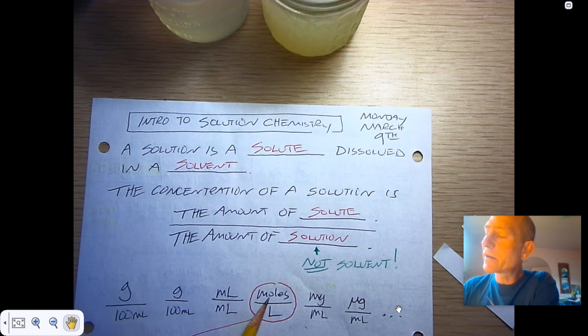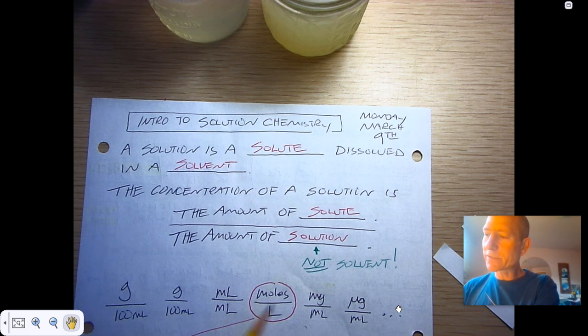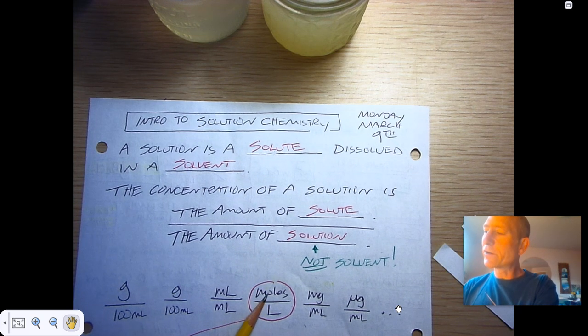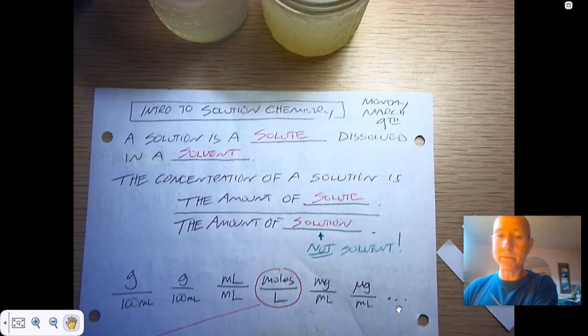And the reason we do that is because that way we can compare apples to apples. If we're comparing, let's say, a solution of sodium chloride to a solution of sodium nitrate, sodium chloride and sodium nitrate molecules weigh different amounts, but this accounts for that right here. If you're using moles per liter, you're talking about the number of molecules per liter. And it doesn't matter how big each molecule is, you're talking about the same number.